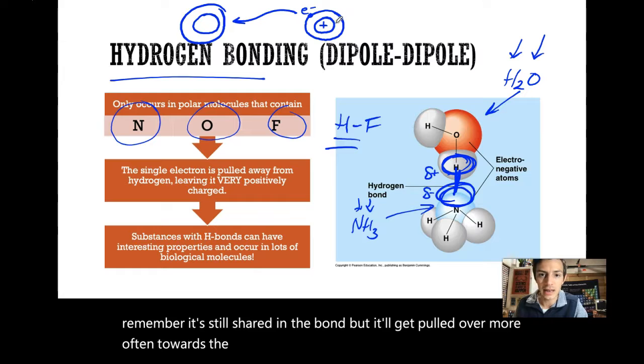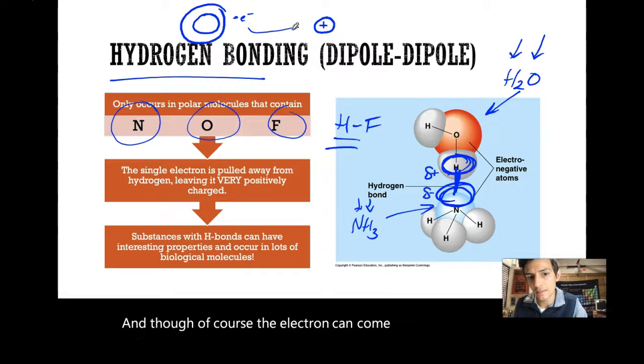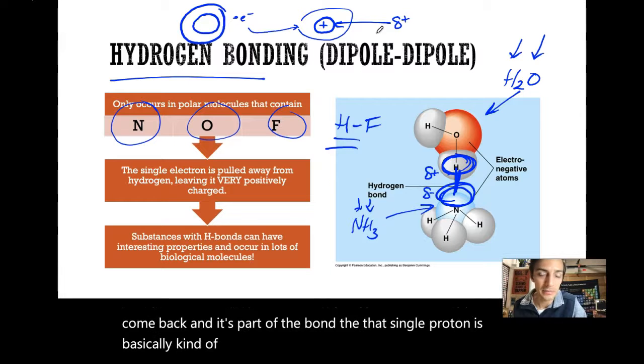The hydrogen is basically now totally naked. Of course the electron does come back and is part of the bond, but that single proton is kind of out there on its own and pretty exposed.